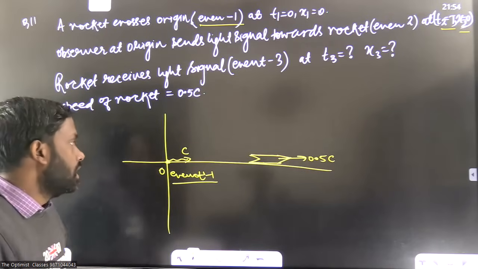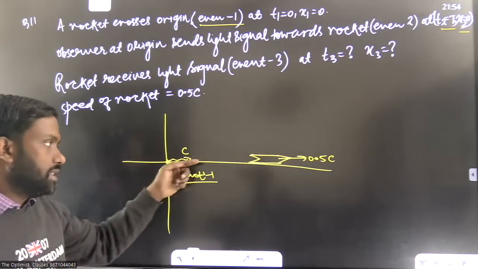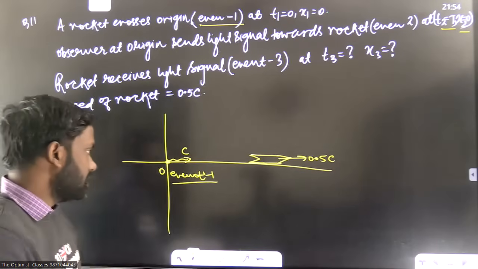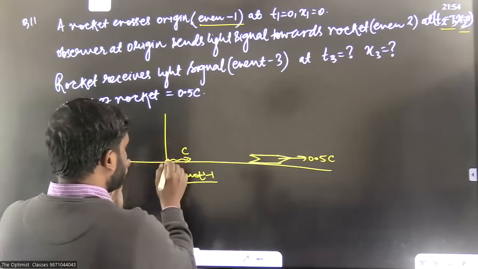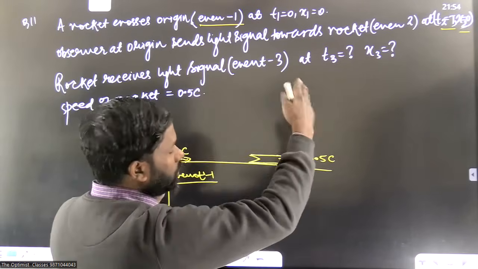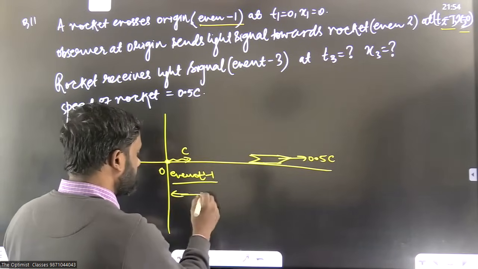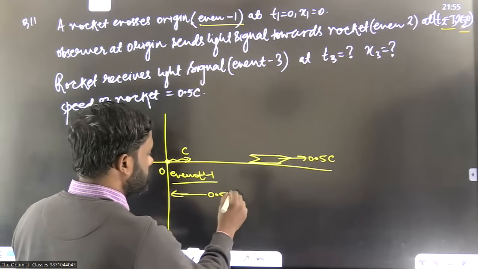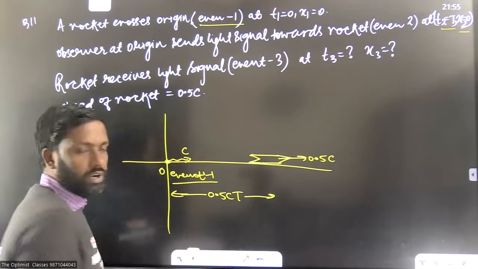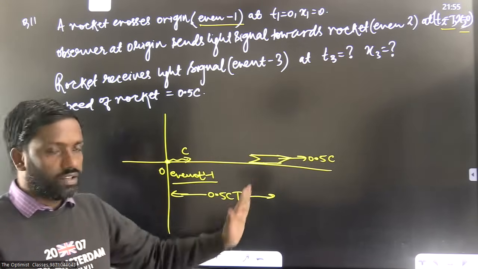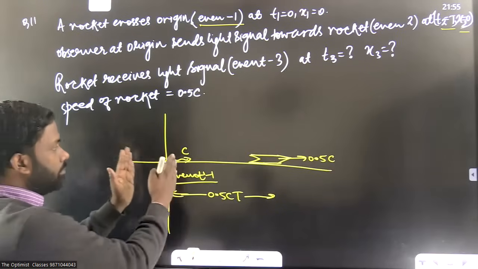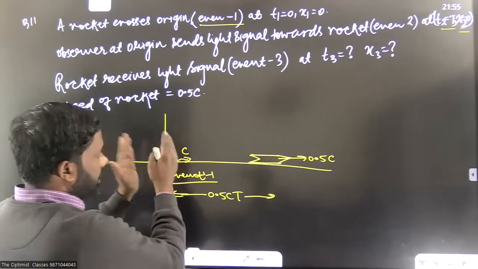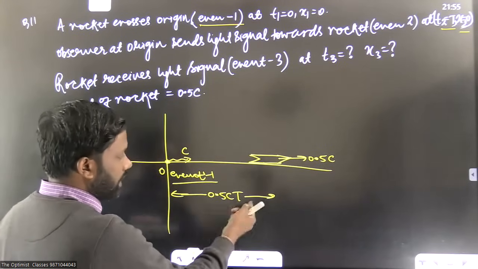The signal is coming with speed c. Since it is sent at time t equal to capital T, by that time the rocket must have traveled a distance 0.5 c into T, distance equal to speed into time. So now the gap between the rocket and the light pulse is 0.5 cT.